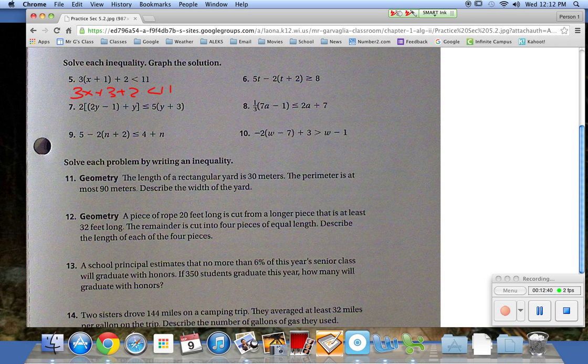If I'm adding 5 over here, I subtract 5 over here, so I could say 3x is less than 6. X is less than 6 divided by 3? 2. So I'm going to graph this.